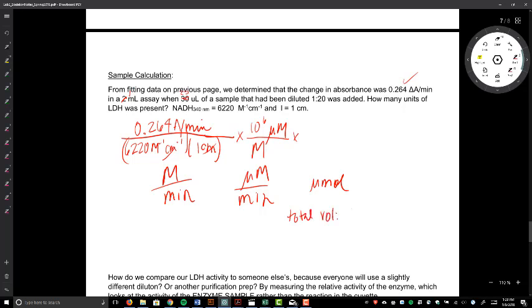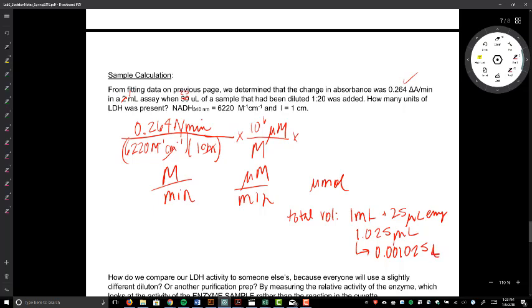is going to be equal to 1 mL plus the 25 microliters of enzyme we added, or 1.025 mLs, which is equal to 0.001025 liters.